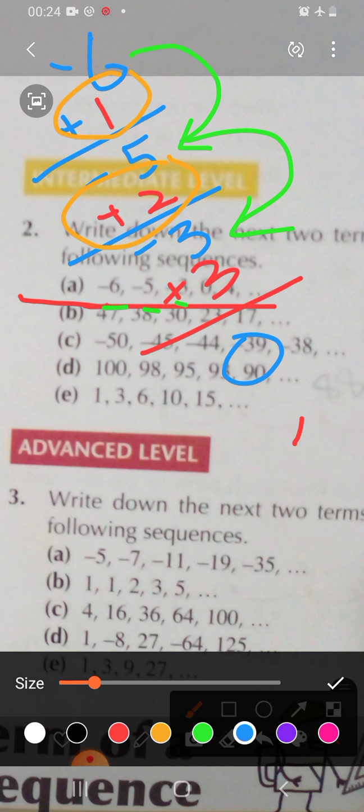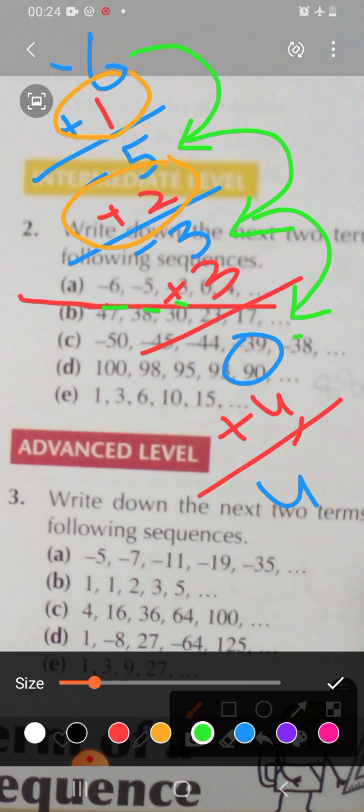Yes, the sequence is in this way: -6, -5, -3, 0. And now we add +4 to it, so the answer will be 4, which is the next term of our sequence.